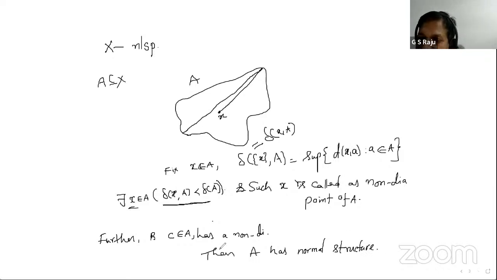Normal structure means, given any subset of a nonlinear space, if we take any subset of that, every subset will have one non-diametral point. This is X1. For one set we will have one non-diametral point, for another set another non-diametral point.